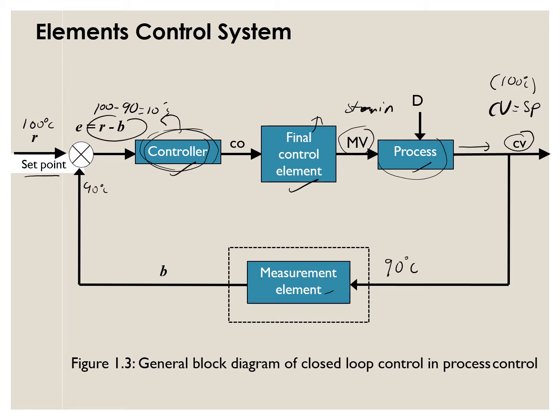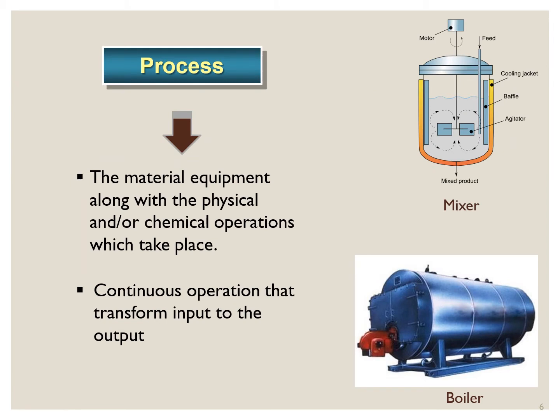So normally this valve will be located at the pipeline of the steam in, like this. In order to solve the problem of the CV not reaching the set point, the controller will ask it to open by how many percent.